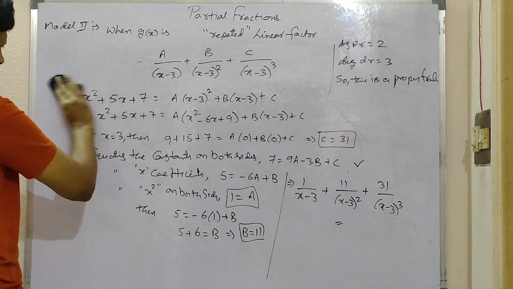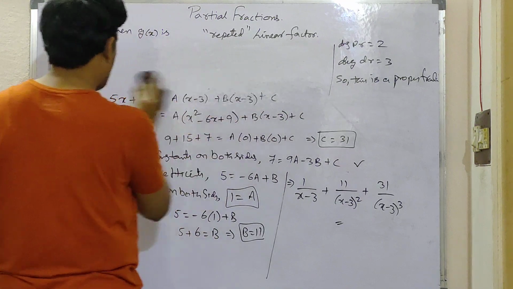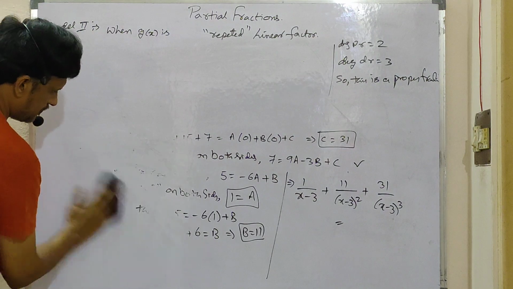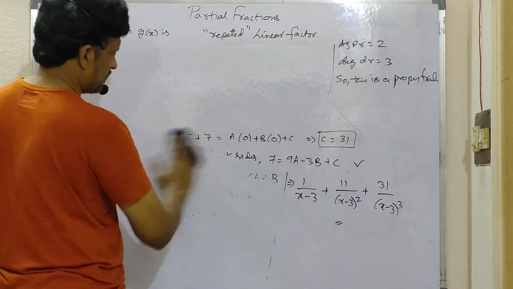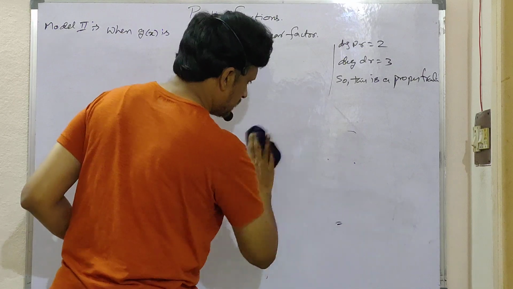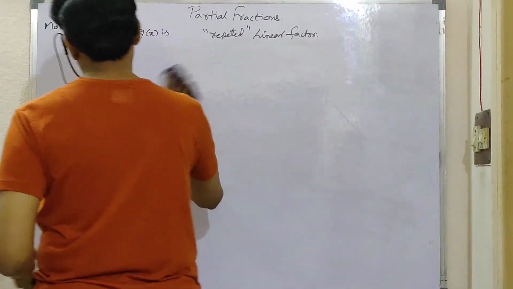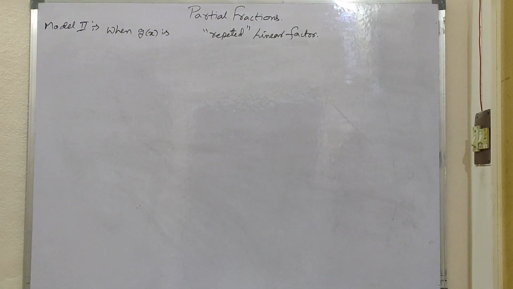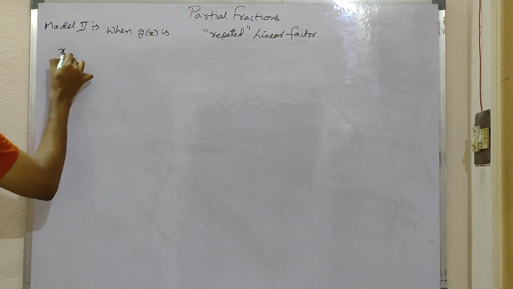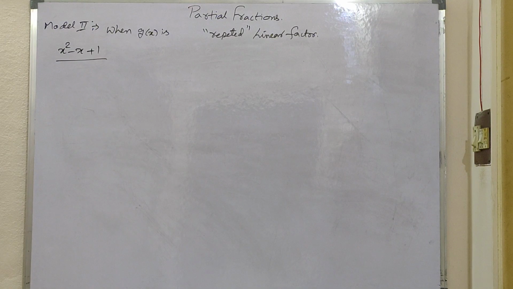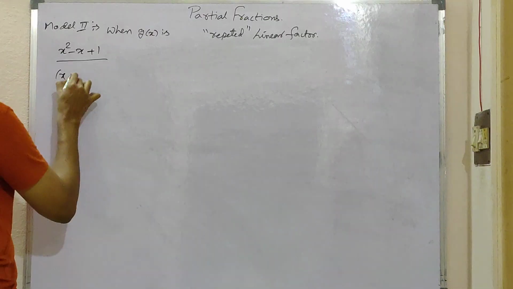Now another problem from the same repeated linear factor model only. Here the next one is x square minus x plus 1 by x plus 1 into x minus 1 whole square.